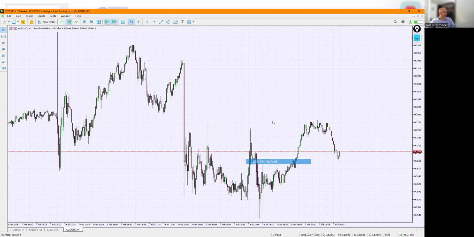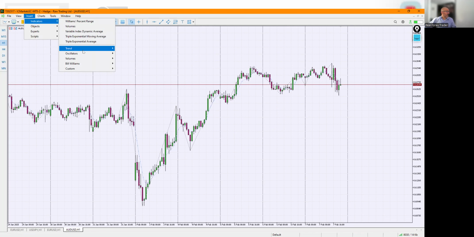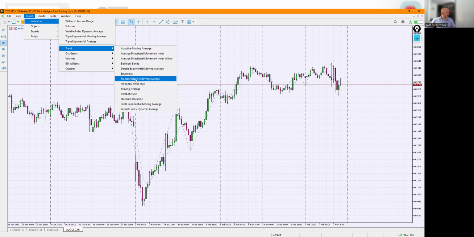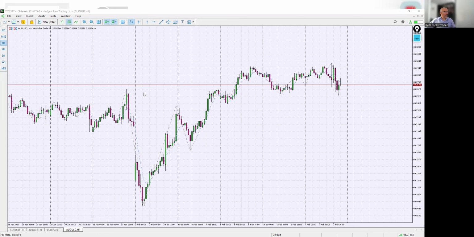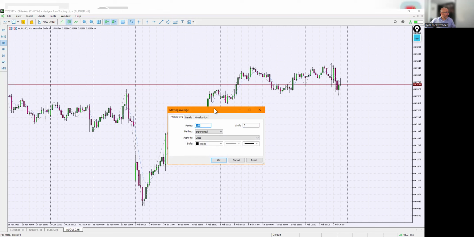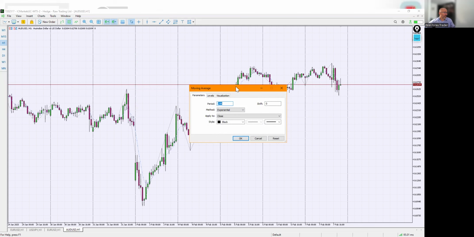You go to insert indicators and start looking for them. If you access trend, under insert indicators, trend, you find moving average, right? Now there's a pop-up window here, okay? So you can set it up.